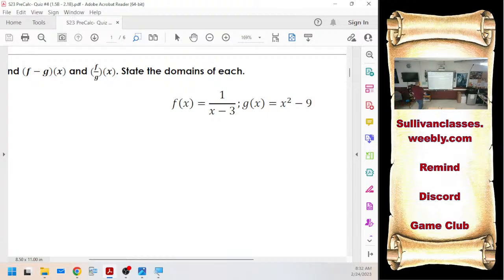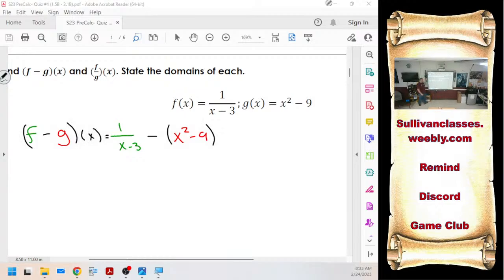So, if I got F minus G, I take the F rule, which is 1 over x minus 3, the G rule, which is x squared minus 9, and F minus G of x is this rule minus this rule.